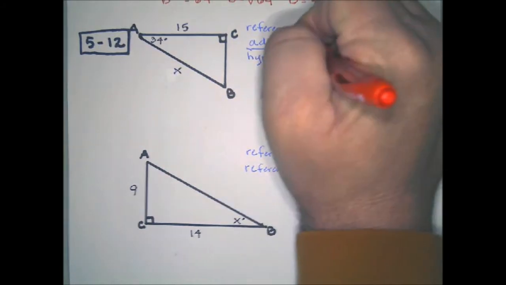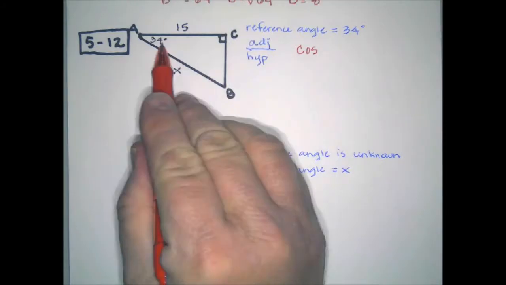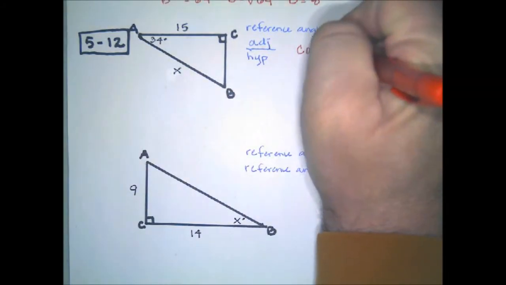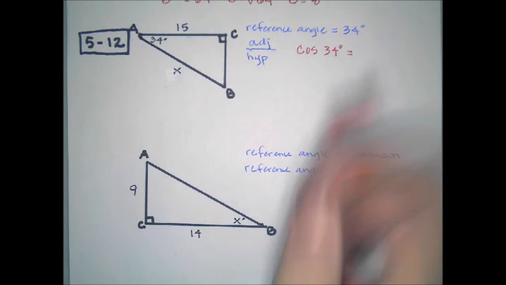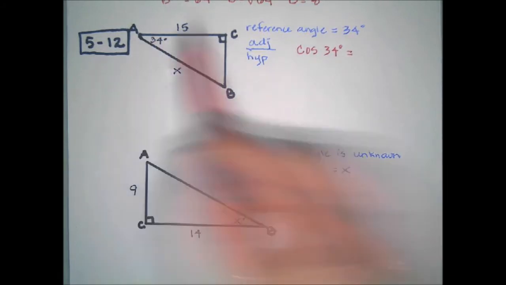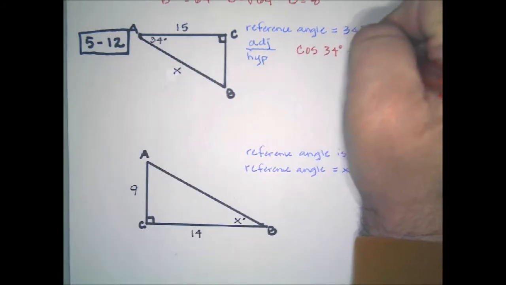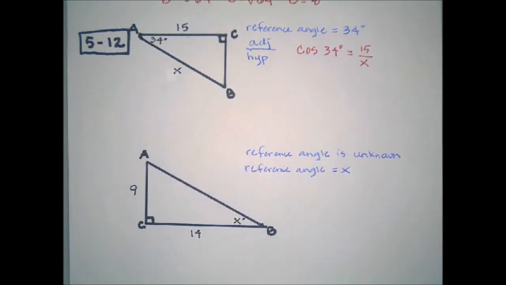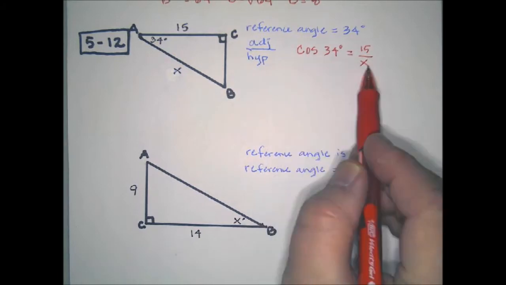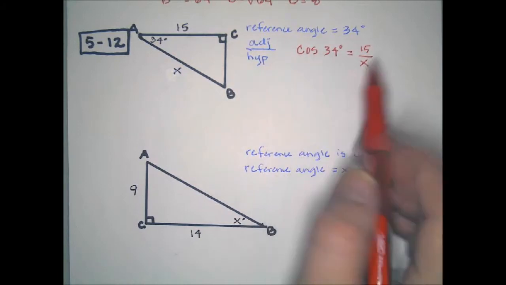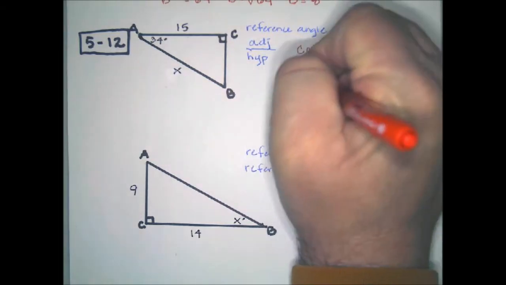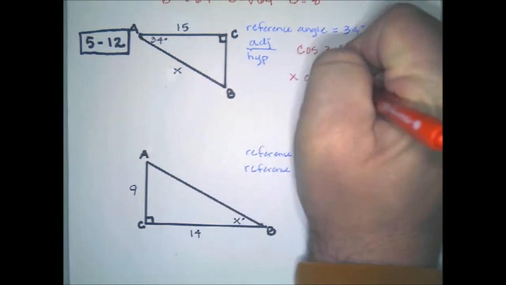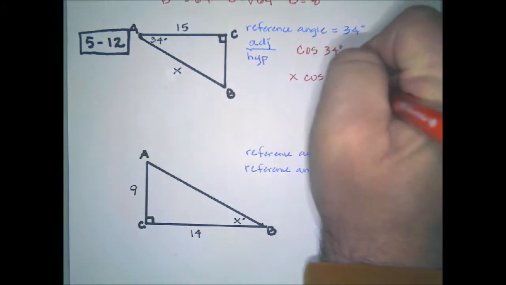The cosine of this 34-degree angle equals the adjacent leg, which is 15, over the hypotenuse, which is x. The first thing I'm going to do is solve for x in its exact form. So I'm going to cross multiply. Cosine 34 times x would simply be x cosine 34 equals 15.